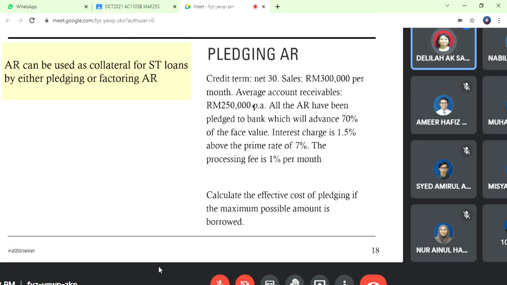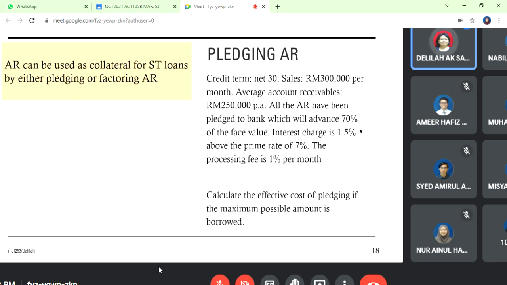So untuk setahun, the account receivable is 250,000. What happened here in this example is that all this amount, 250,000, has been pledged to the bank, and the bank has agreed to give you 70% of this value. Itulah pinjaman dia, 70% of the 250,000.